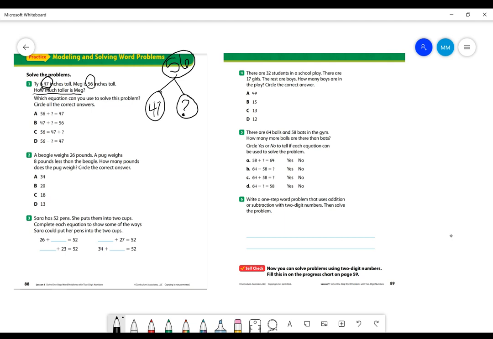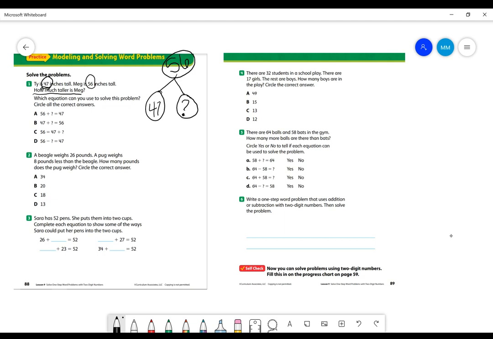A, 56 plus a missing part equals 47. Does that make sense? No. Why doesn't it make sense? Because we are adding our whole to make our part. That is so silly, right? So with our number bond, we know our whole is going to be our biggest number.